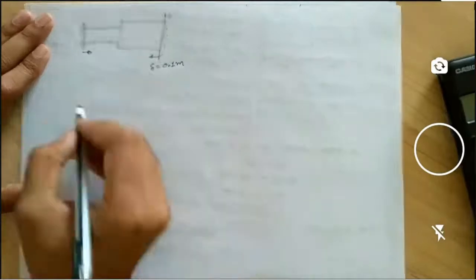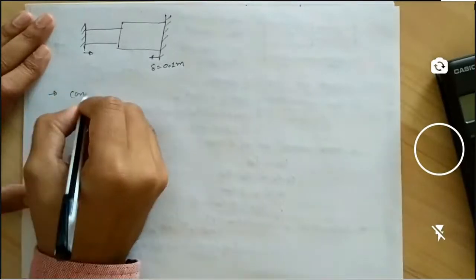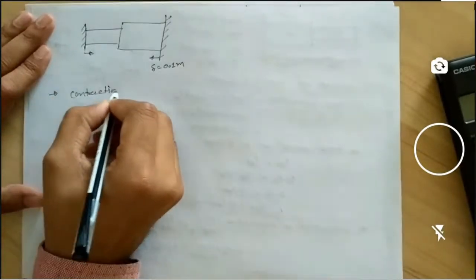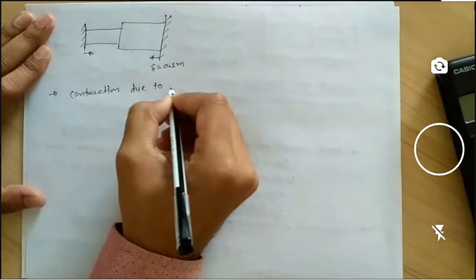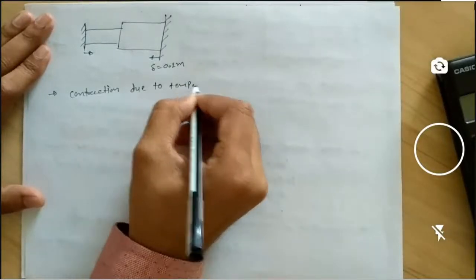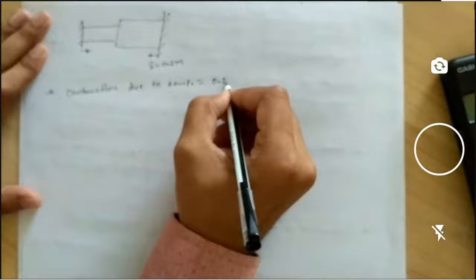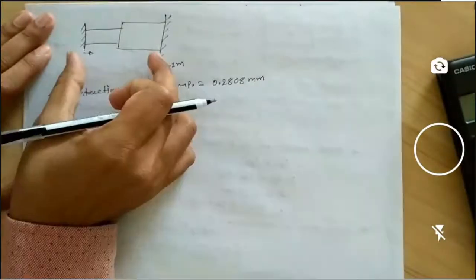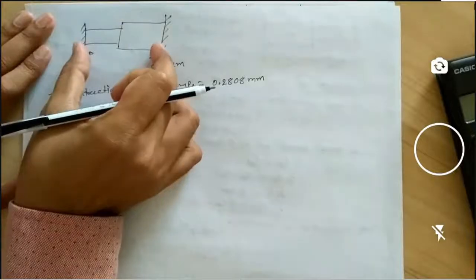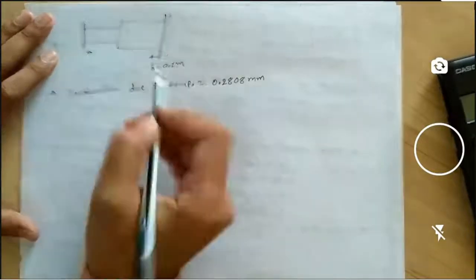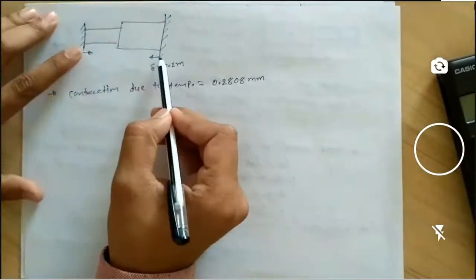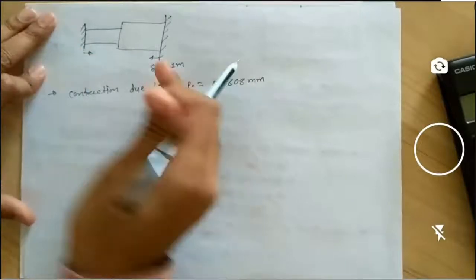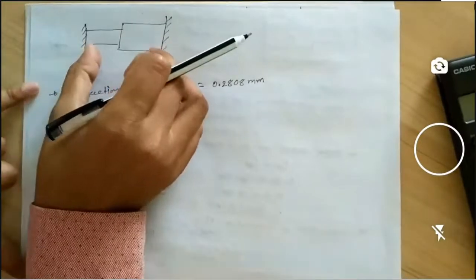Now the contraction due to temperature changes is 0.2808 mm. So due to the temperature changes, this element contracts 0.28 mm. Out of this, the support also contracts 0.1 mm because they move near to each other by 0.1 mm.